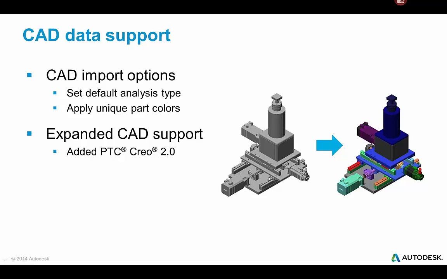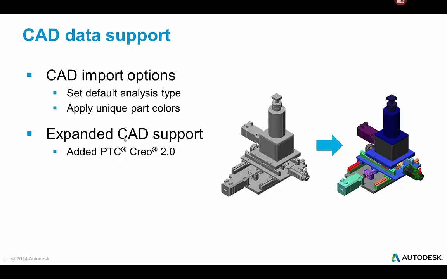And when you send that model over to simulation mechanical, you would see everything in a gray color scheme. But for those of you who are dealing with large assemblies, you really want to be able to identify where one part begins and the other one ends. So we've added in the tools options a simulation color scheme, which will give a different color to each part, which you will be able to identify much more easily.